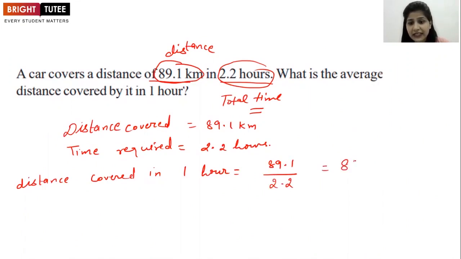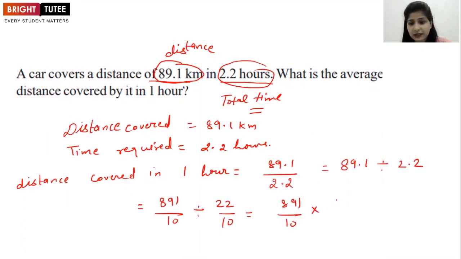That means we have 89.1 divided by 2.2. So removing the decimal, we can write it like this. Now we know how to divide two fractions. We can mention it like this: 891 and 22 is there. Dividing this, we will get 40.5 kilometers as the answer.